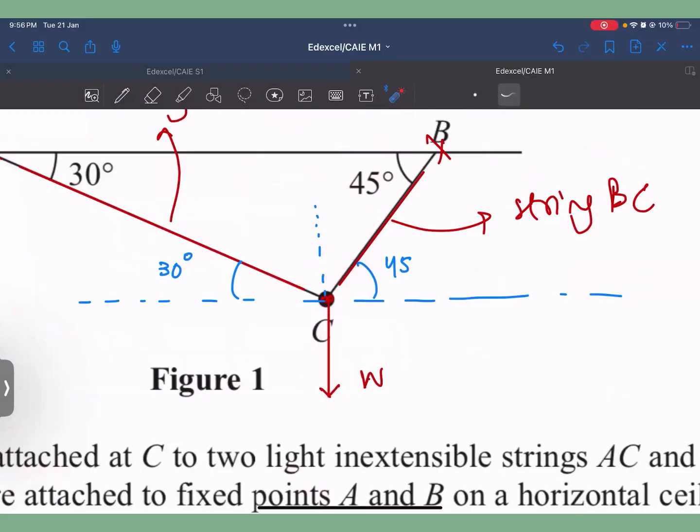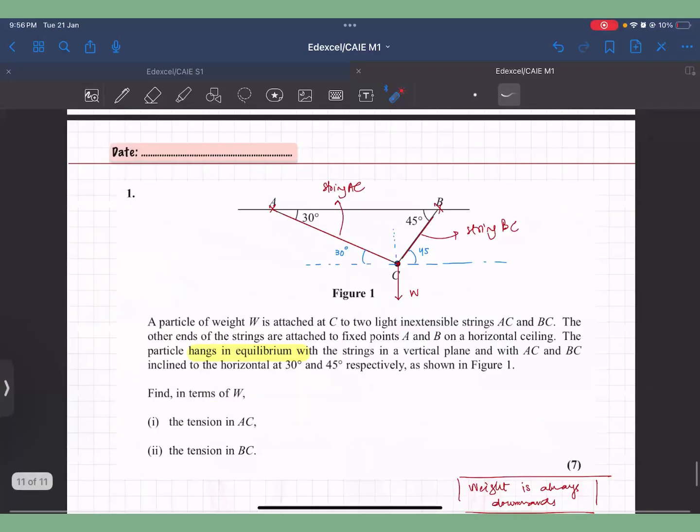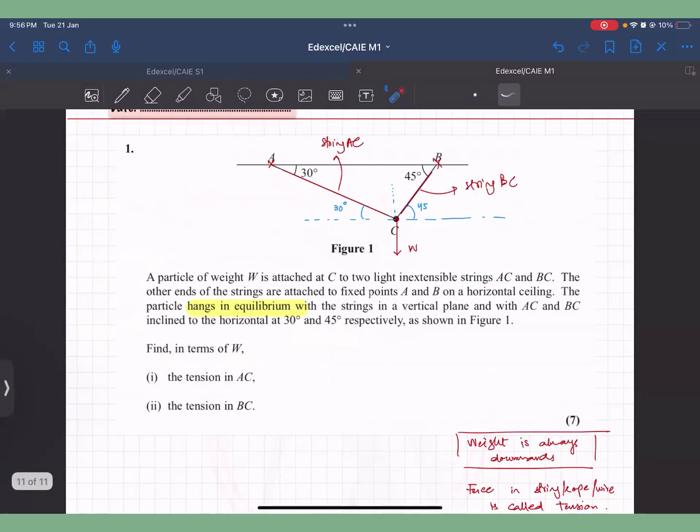And at the ceiling, the tension would be pulling the rope downwards like this. When you understand this thing and do enough practice, you will get a better hold of it. It's an important thing. So we now know the directions of the tension as well. This is over here like this, and like this.